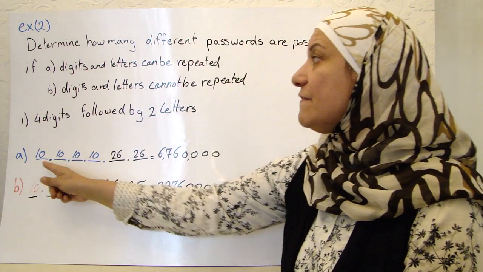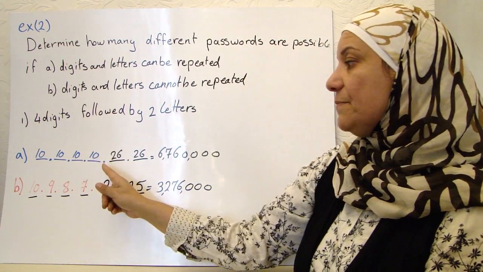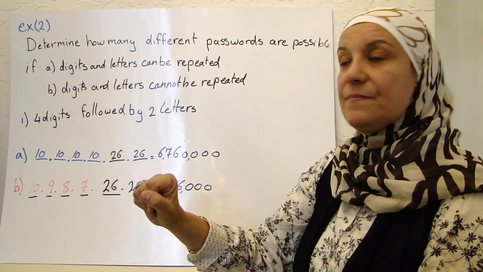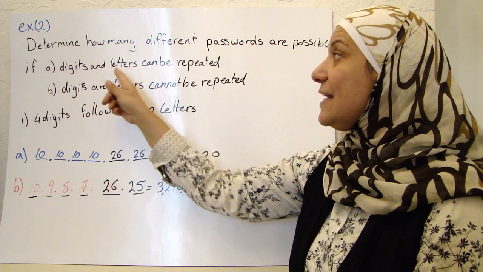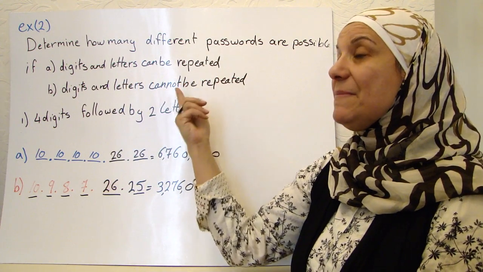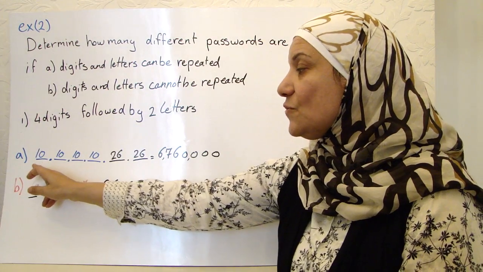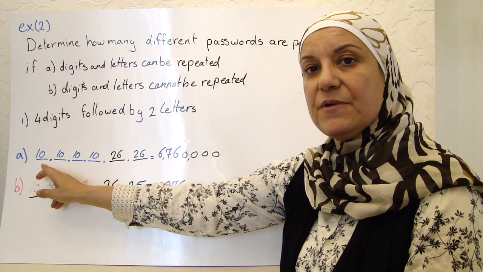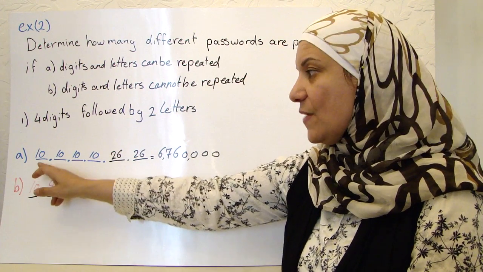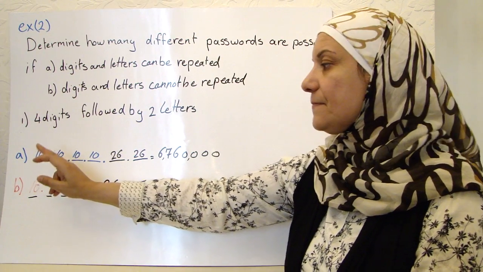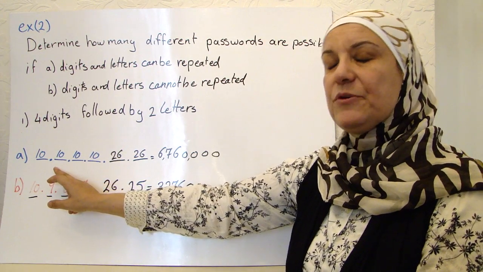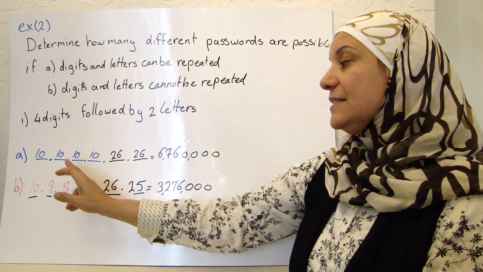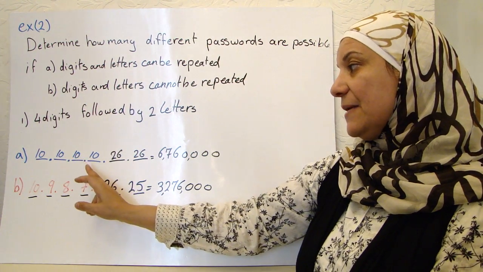I'm going to have 4 of them which are numbers, and then 2 which are letters, provided digits and letters can be repeated. Can be repeated means the first one can have any of the numbers from 0 up to 9. So I have 10 possibilities. The second one, I still have the 10 possibilities because it can be repeated.